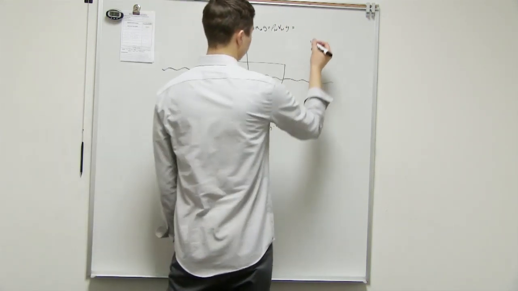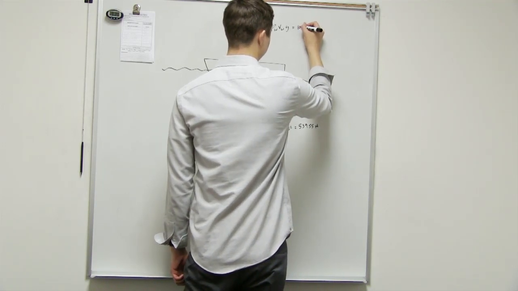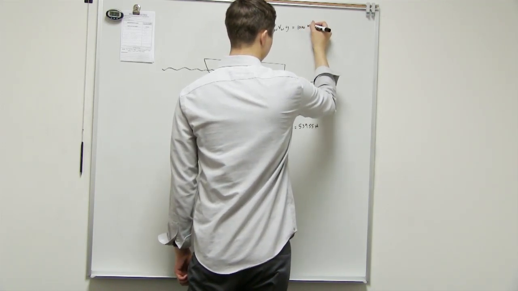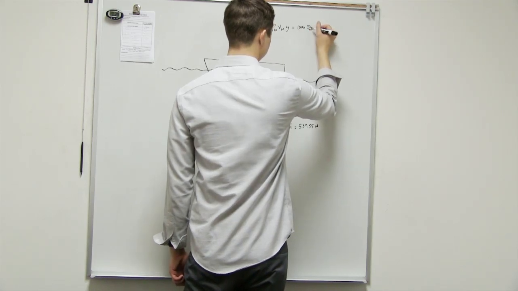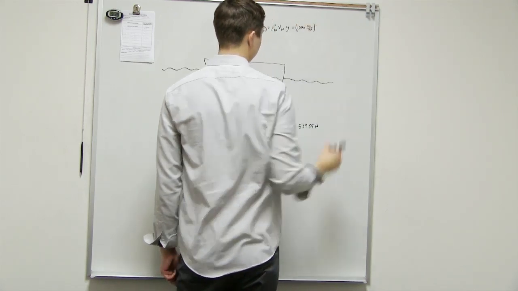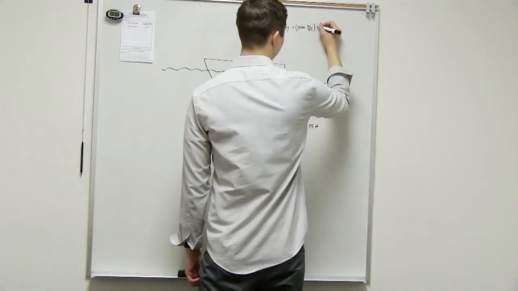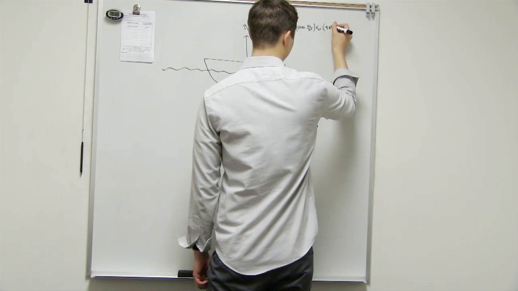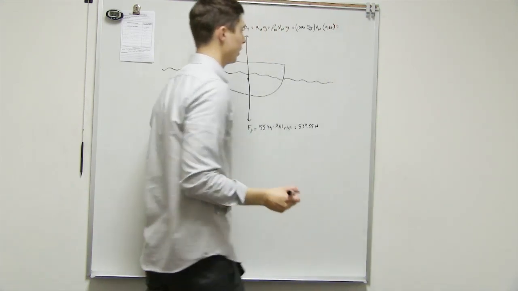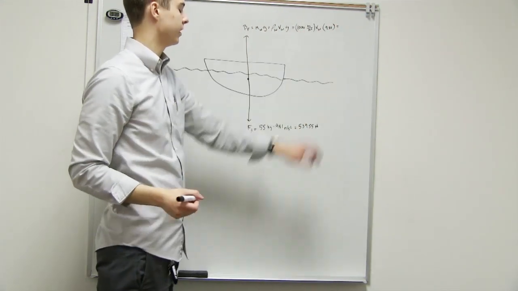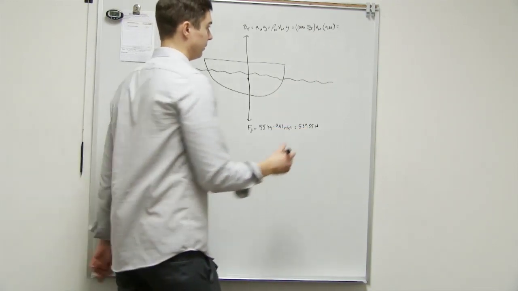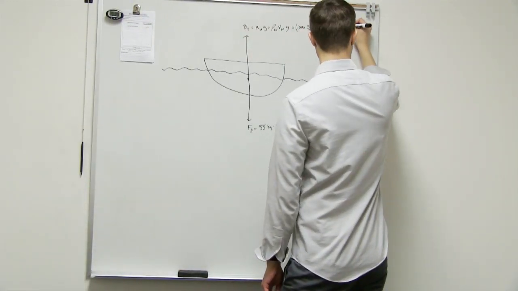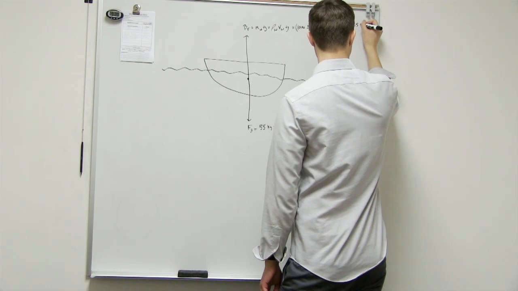The density of water is 1,000 kilograms per meter cubed. The volume we don't know right now, so we'll leave that as a variable. Gravity is 9.81. These three things multiplied together need to give us this same number, so we can find the volume.